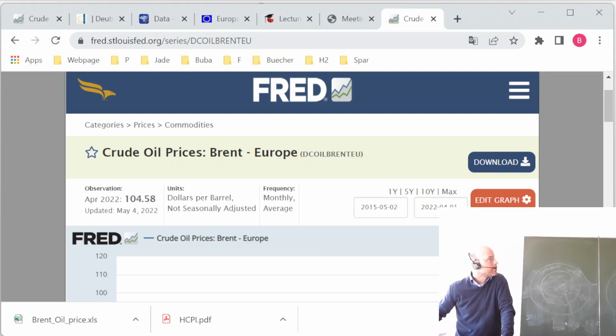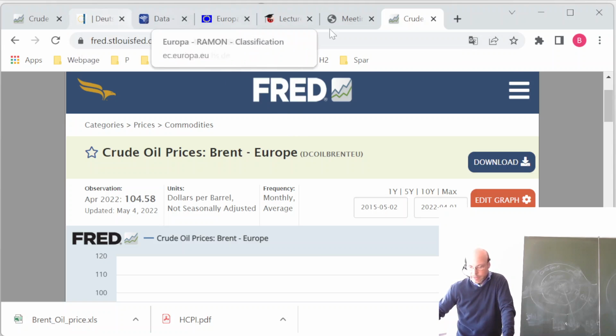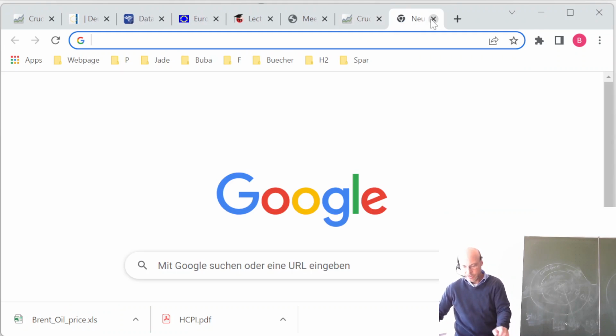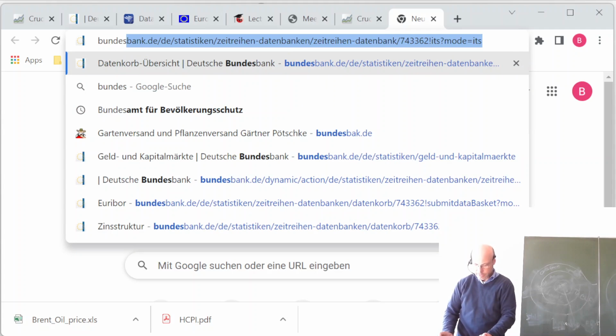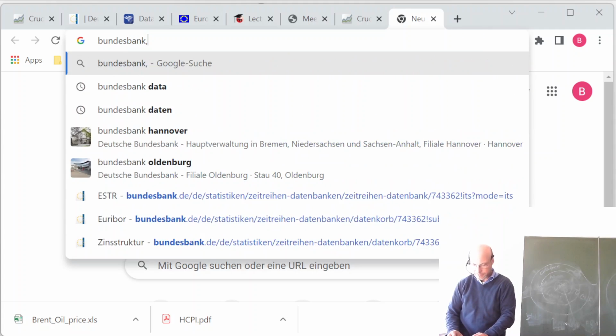Well, I will also show you different sources. Of course, we get the exchange rate here from this database also, but let's switch to the German National Bank. So, of course, the national banks are also quite good sources for economic data.